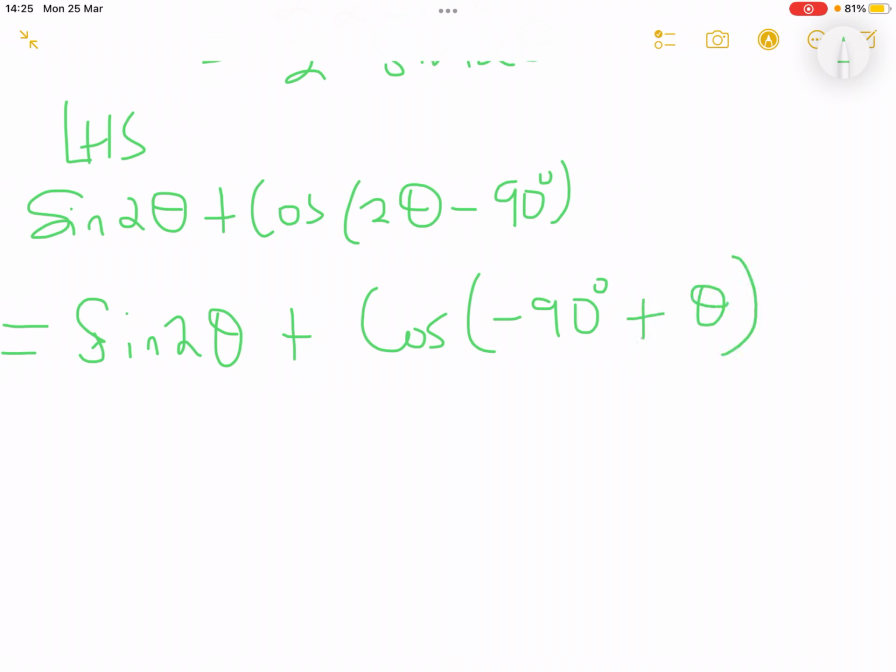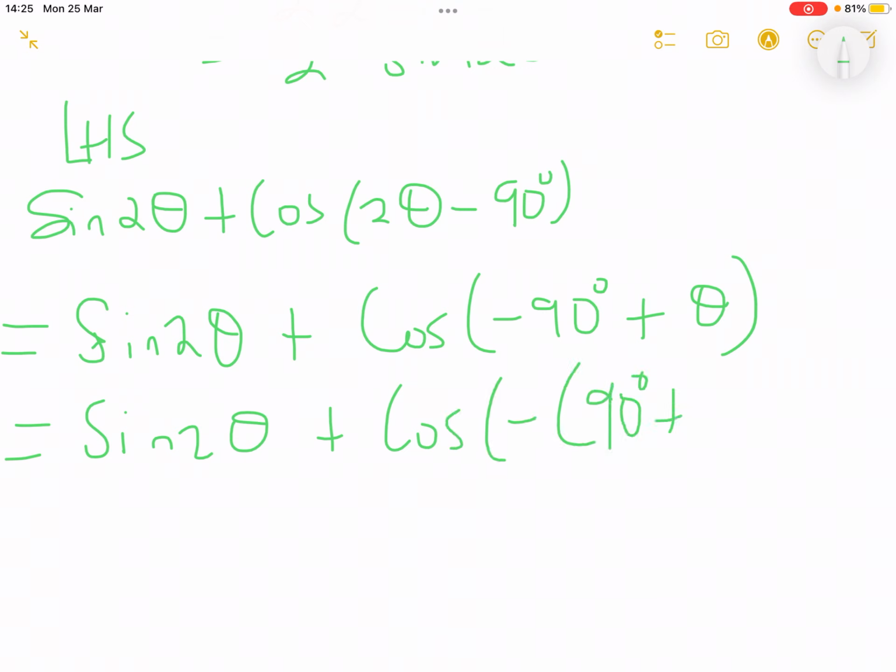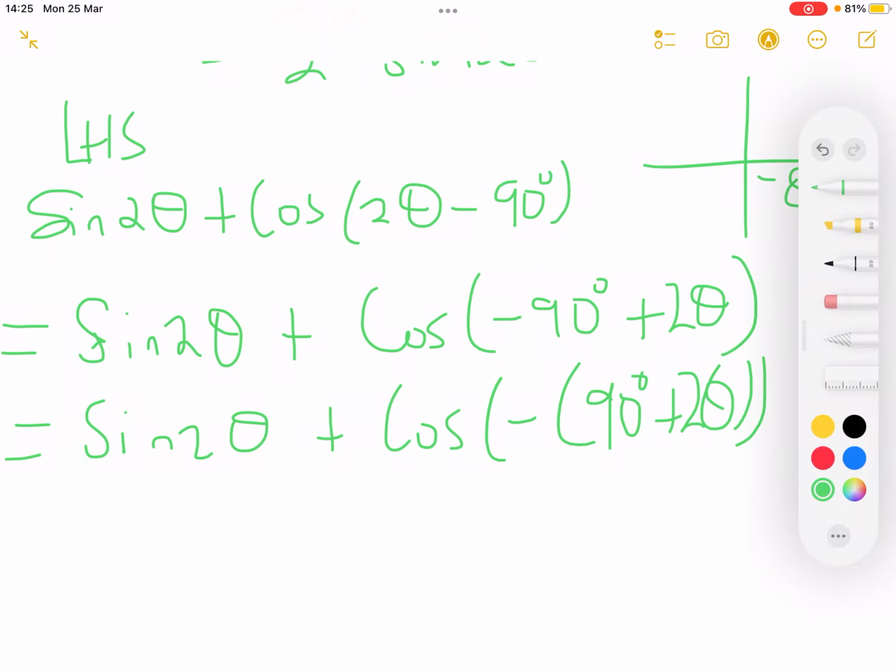But here we have negative 90, so we can factor out that negative, giving cos of negative 90 plus an angle. Well, I forgot the 2 here. If you remember, negative angles are in the fourth quadrant, which is the home for cos. So cos of a negative angle, whereby this angle is the whole 90 plus 2 theta.